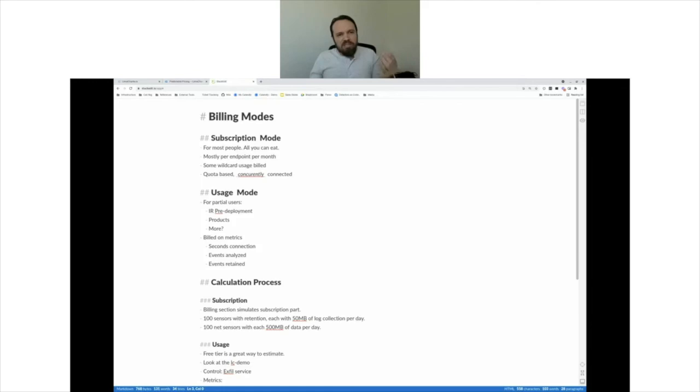So LimaCharlie's usage mode brings in that other option, which is that we have the EDR, XDR with the widest compatibility out there. You can deploy it for effectively nothing, and you pay only for the events that you need. So let's say you're doing that UEBA, or that DNS and process attribution.